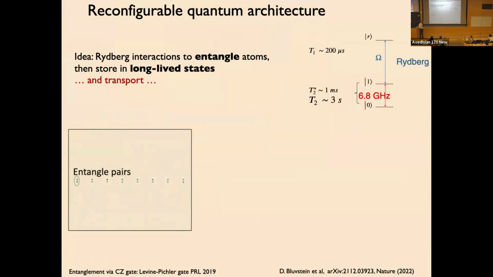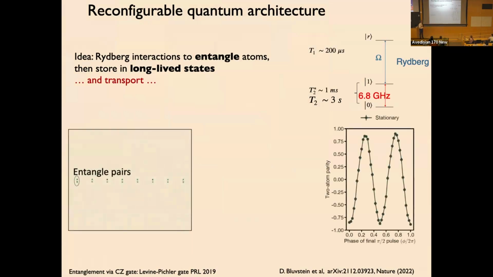That's illustrated here in a very simple experimental result. Suppose you start with just pairs of atoms, and in this case, we entangle them in parallel. We create Bell states, and you can verify that these Bell states are created by looking, for example, at the two-atom parity.